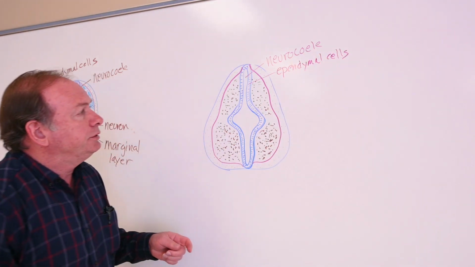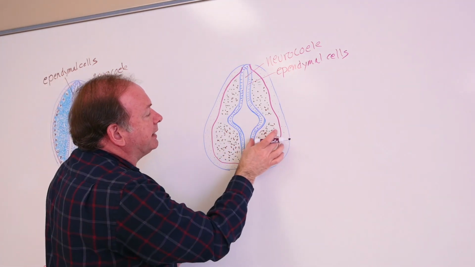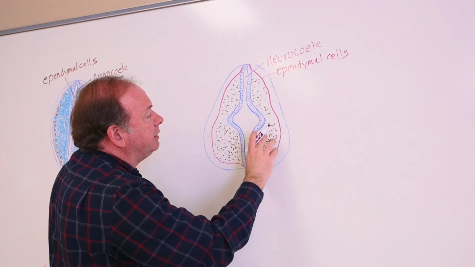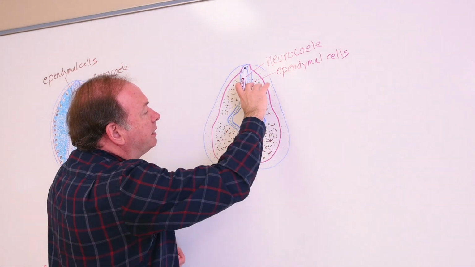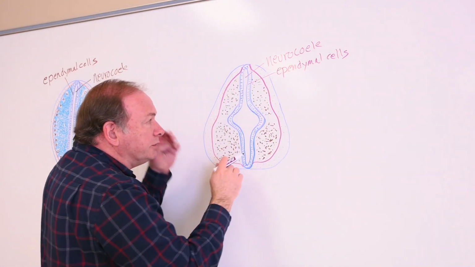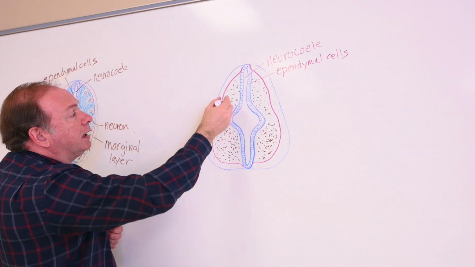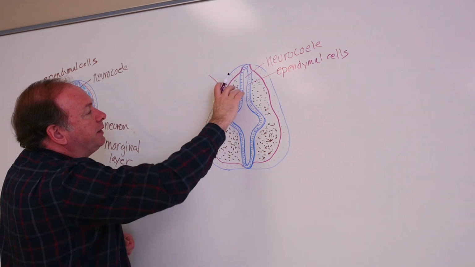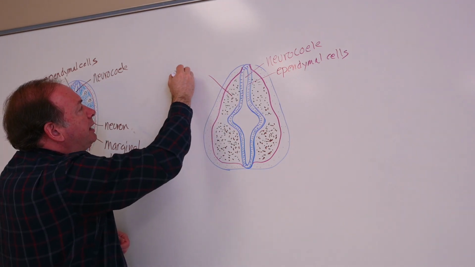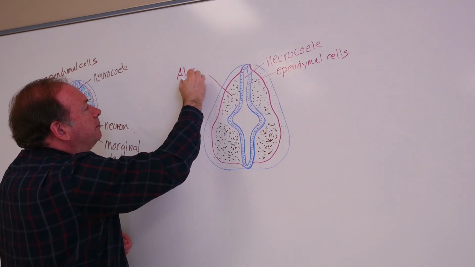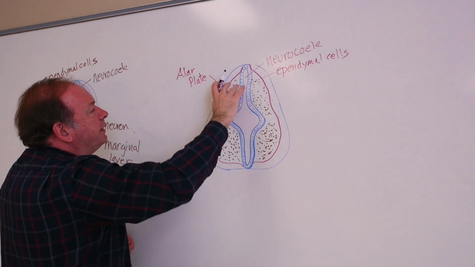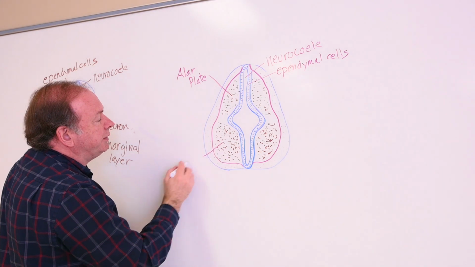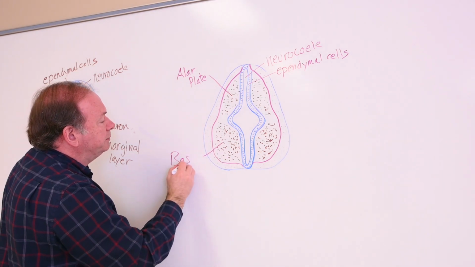So we have those. The next layer is the intermediate layer. That intermediate layer now is divided into a cluster down here and a cluster up here. So those two clusters have new names for them. They were part of that intermediate layer, but now this is referred to as the alar plate. Up here, this cluster on either side, and then down here, these two, this is referred to as basal plate.